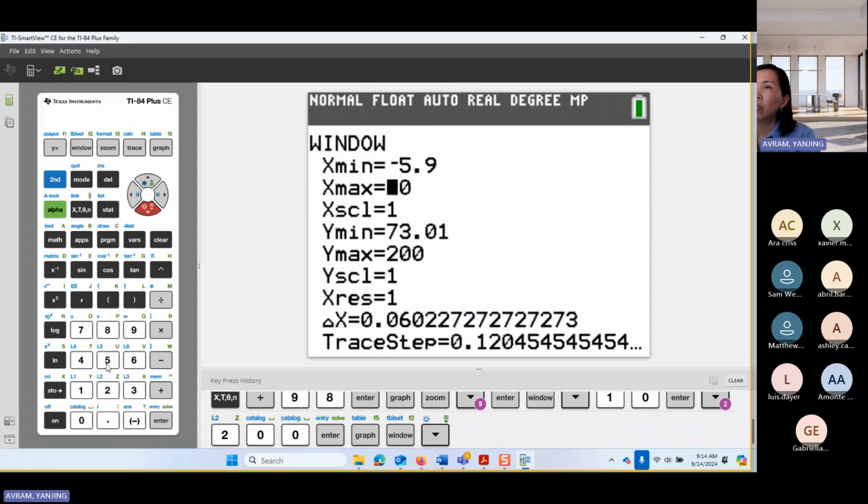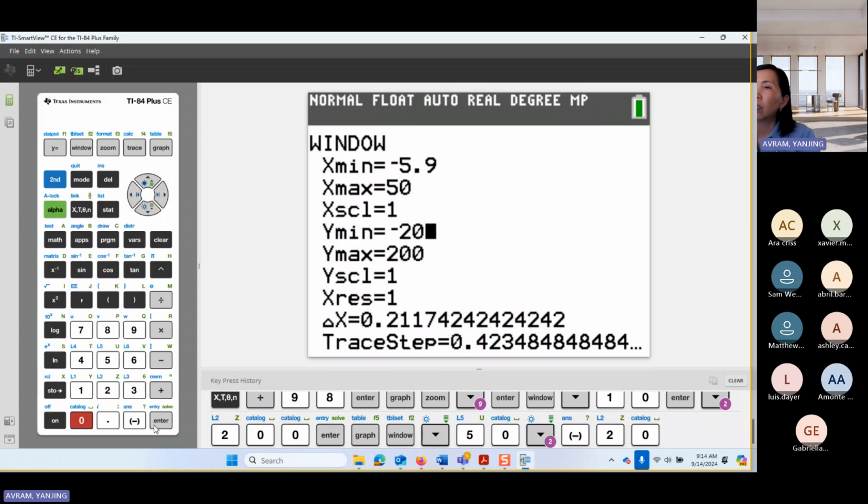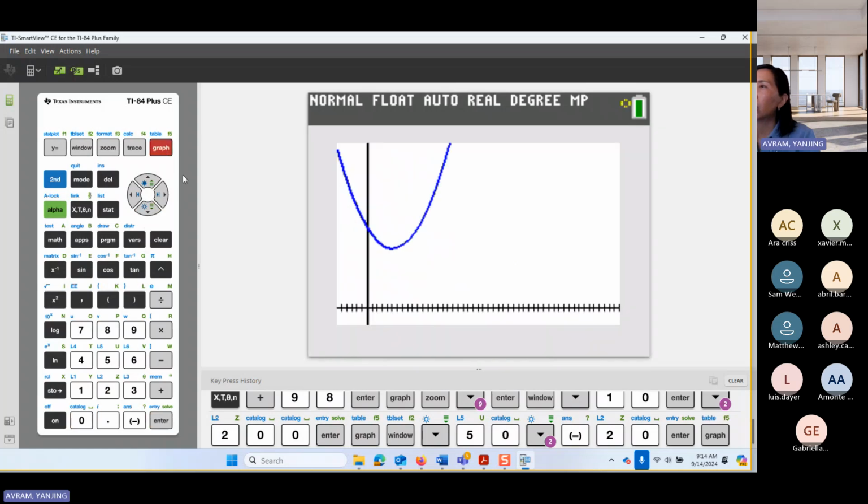Okay, so let's increase x, and then y min, let's say negative 20. Just trying to see the whole thing. All right, so now we can see the whole thing that way. So you can see this vertex is in the fourth quadrant in here. You can see this is 1, 2, 3, 4, right? Q1, Q2, Q3, Q4. So this is the vertex.